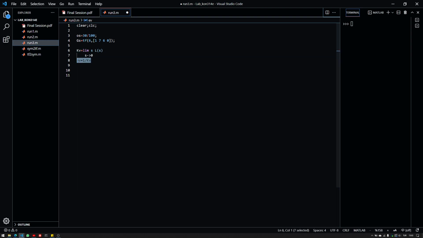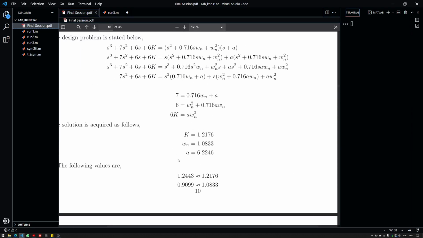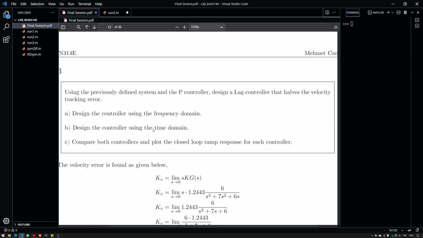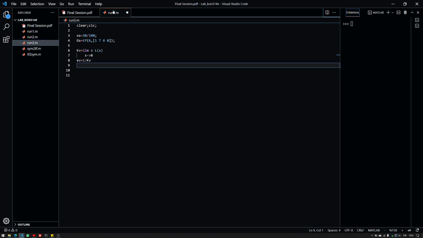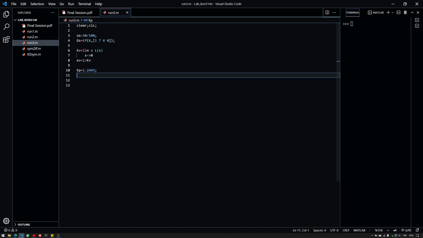Now basically, we already have a design, and let me just check what the k value was. It was 1.2443. So let's take this one. The question tells us that we have a certain k value, let's say kp, which is the p-type controller, and then we have Gs.